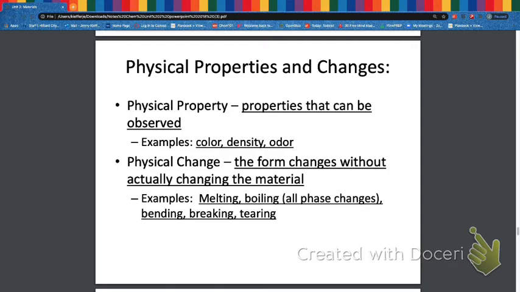Physical changes are changes that occur to matter where the molecular makeup of the matter doesn't change. And usually this has to do with moving our particles either farther apart or closer together.